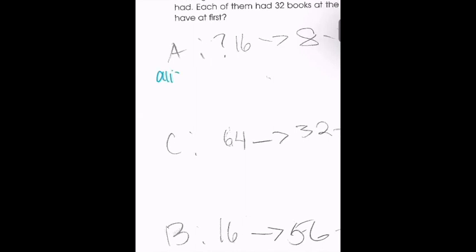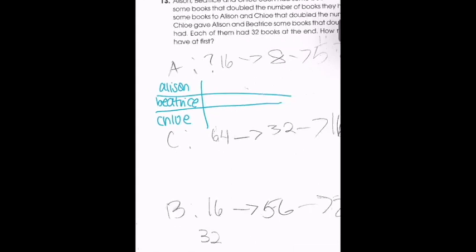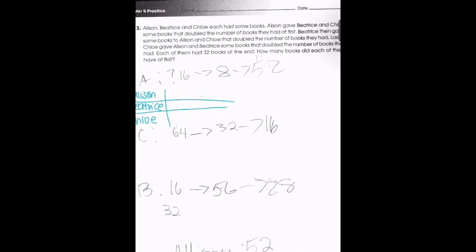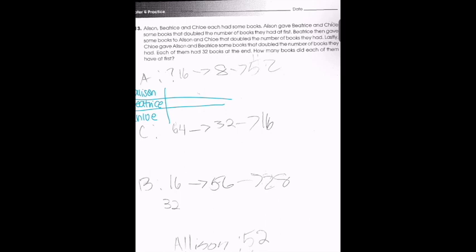So we have Allison, Beatrice, and Chloe. At the end, each of them has 32 books. And before that, Allison would have had 16 books, Beatrice 16, and Chloe 64.